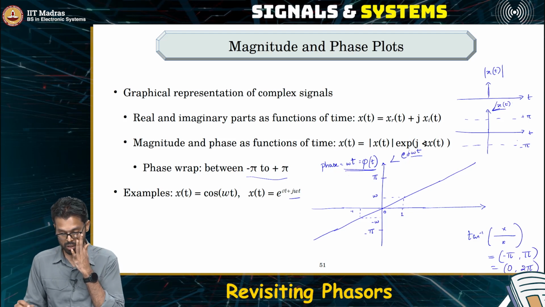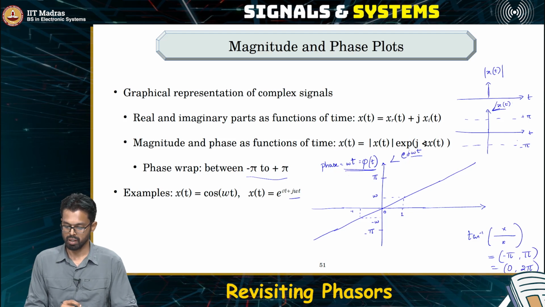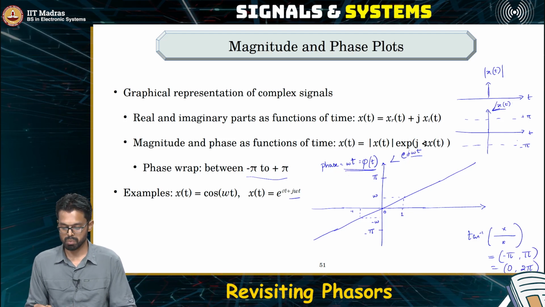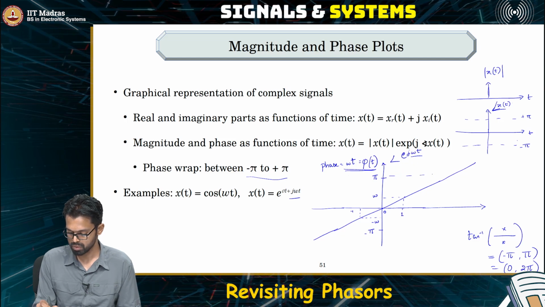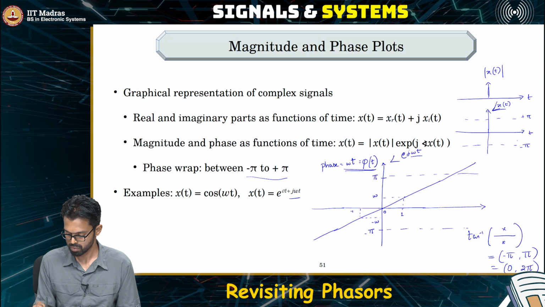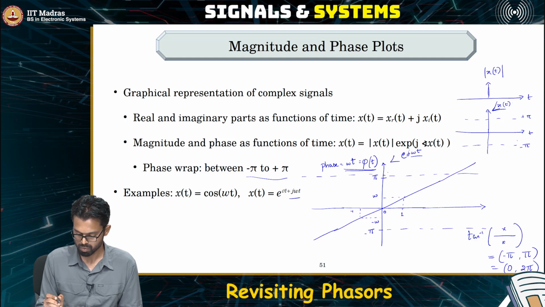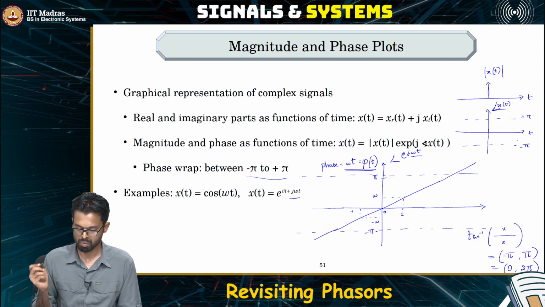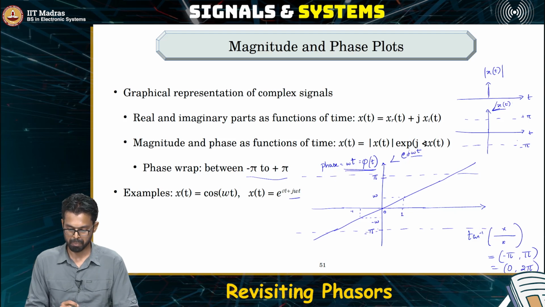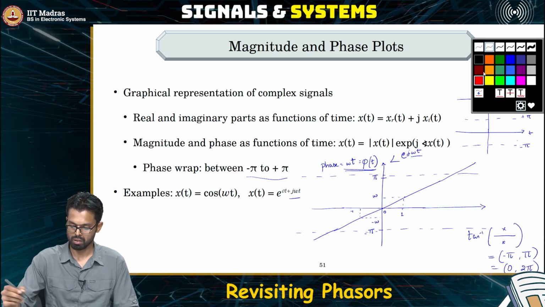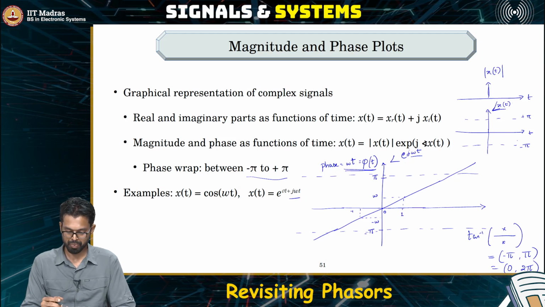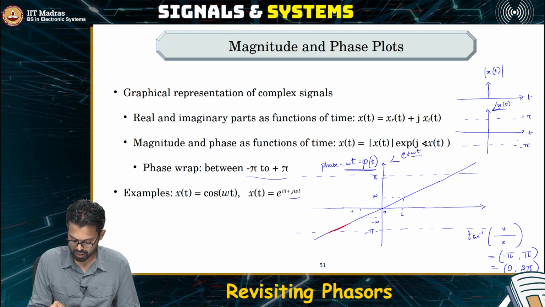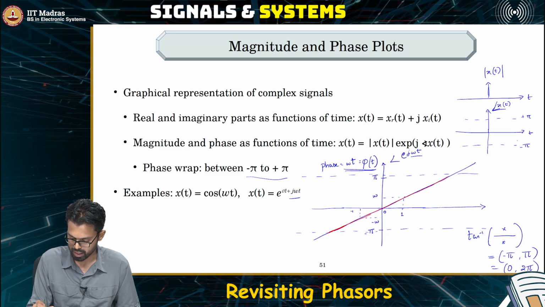Because it is between minus pi and plus pi, when you compute this in simulation and plot it, the values will be bounded by minus pi and plus pi. That means if I plot this, in this region I'll get this straight line exactly as such.